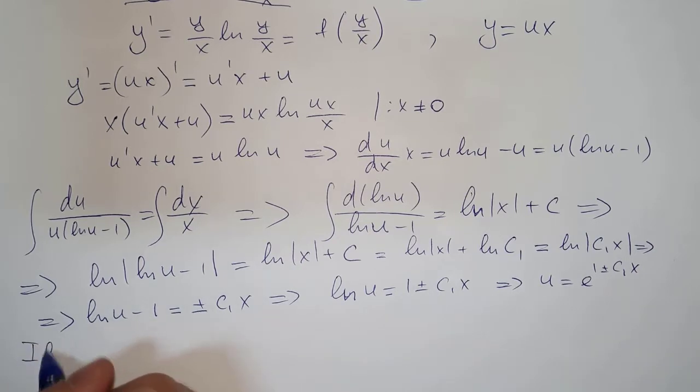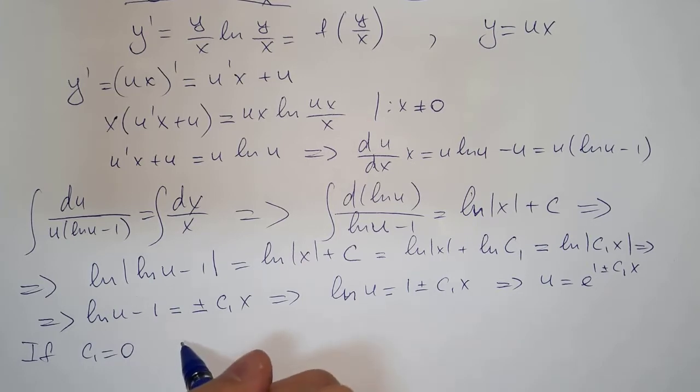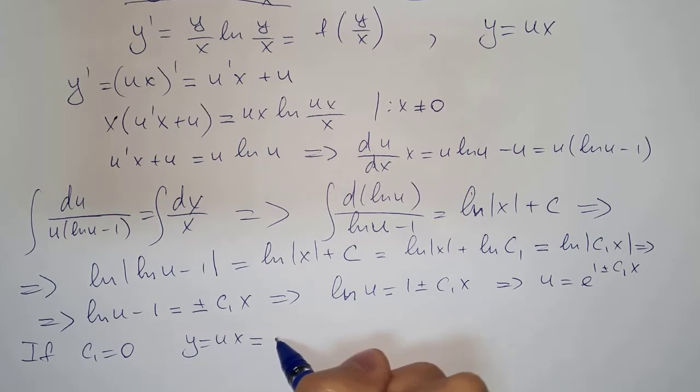If c1 is 0, let's write it, we'll get y is ux, which is now e times x. And we can make sure that it's also a solution of our equation.